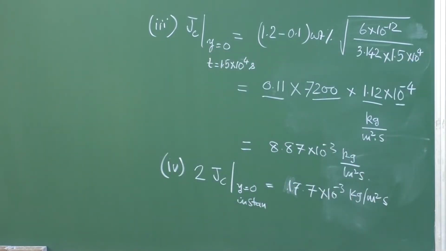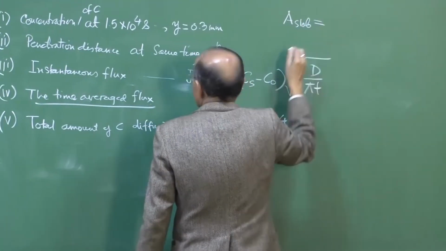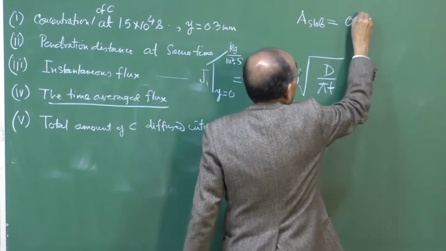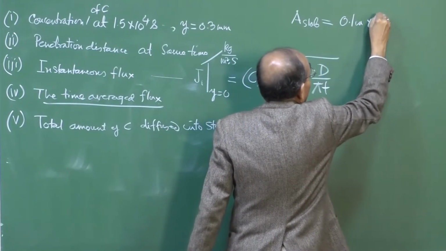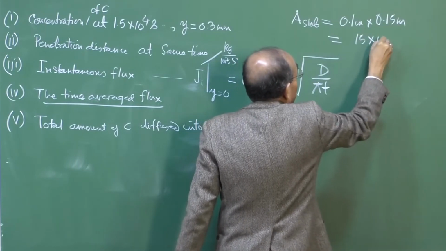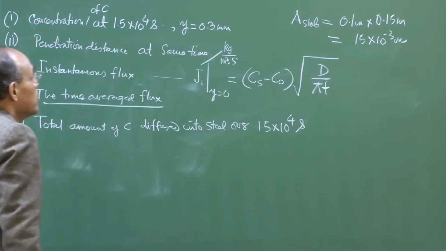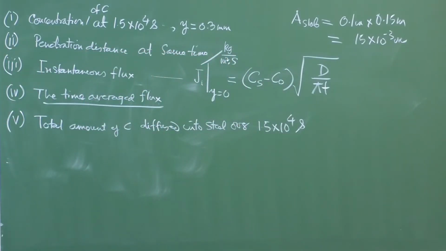If the slab is given, the area of the slab is also given, that I forgot to mention. That is 0.1 meter into 0.15 meter, and therefore this is equal to 15 into 10 to the power minus 3 meter square. And then from this average value, we can now calculate the total rate of transport, or the total amount of carbon which is diffused into the system.